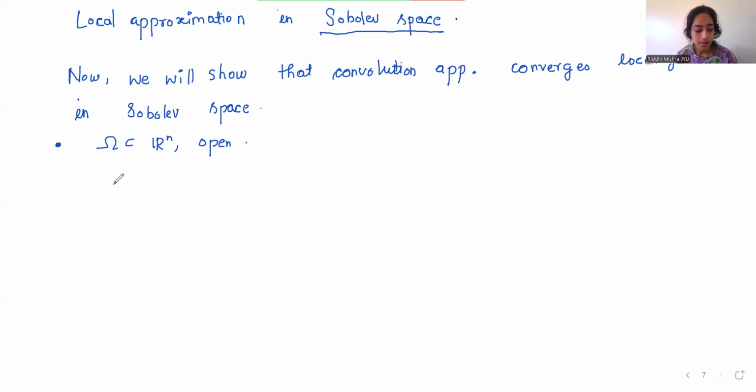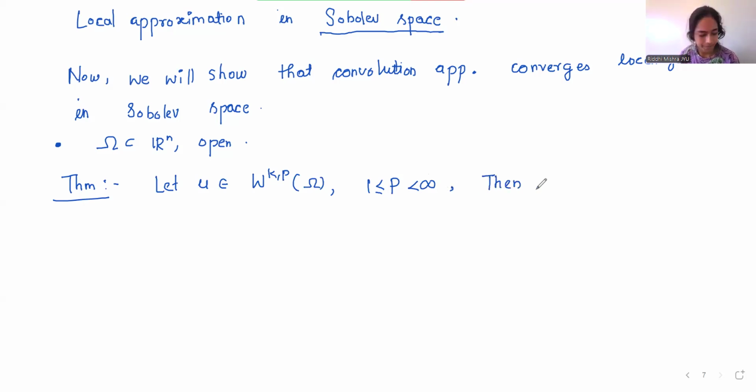So what the theorem tells us is that for any function u in W^{k,p}, where p is from 1 to infinity, I am disregarding the case of the L infinity norm because of this discontinuous behavior.